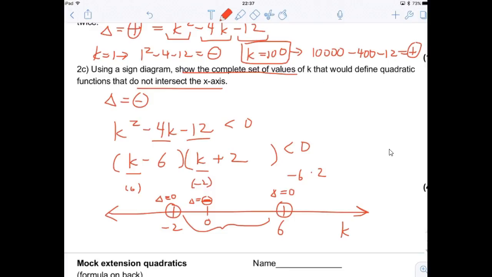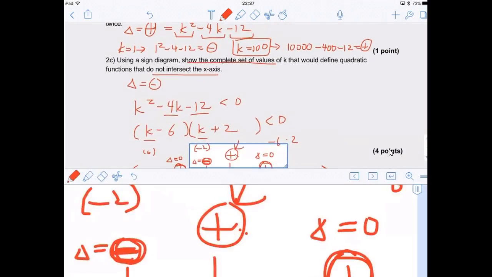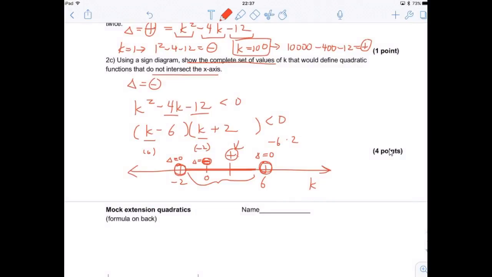If we know that the discriminant is 0 here and 0 here and negative here, that means every single other point in between negative 2 and 6 must also be a negative discriminant. Because if there was a positive discriminant somewhere in here, let's say right here, there's not, but let's say there is, then in between this negative part and the 0 part, there needs to be another 0.